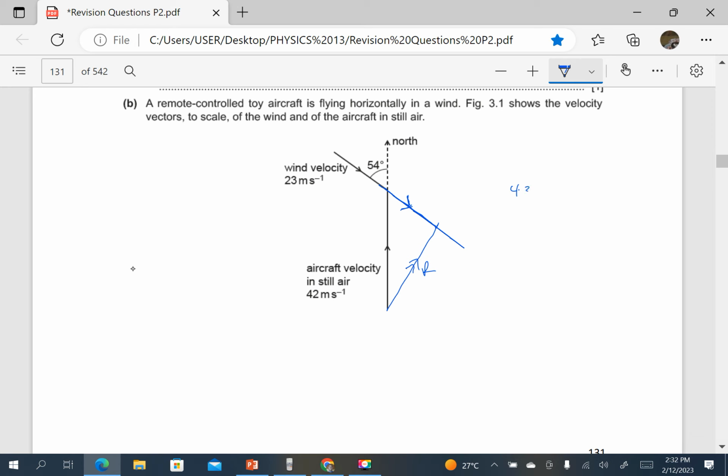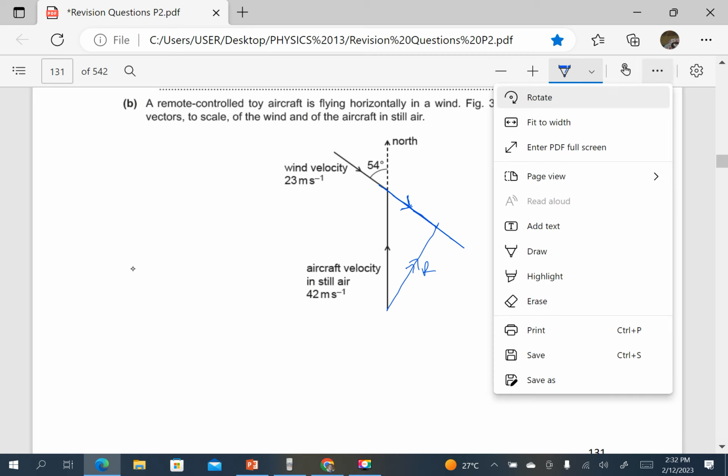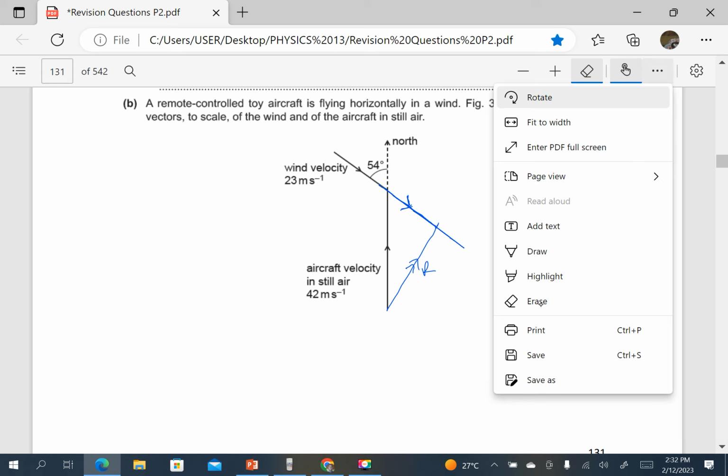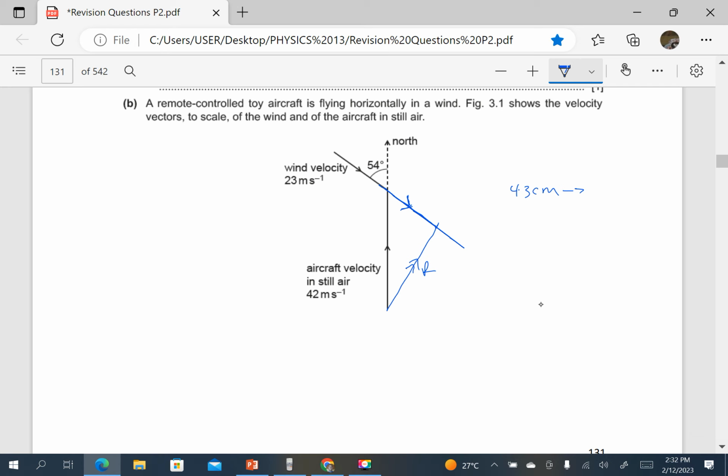So 4.3 centimeters is representing 42 meters per second. You can check by measuring on your book. For my computer, 4.3 centimeters is representing 42 meters per second. That means the scale is going to be 1 centimeter representing 42 over 4.3 meters per second.